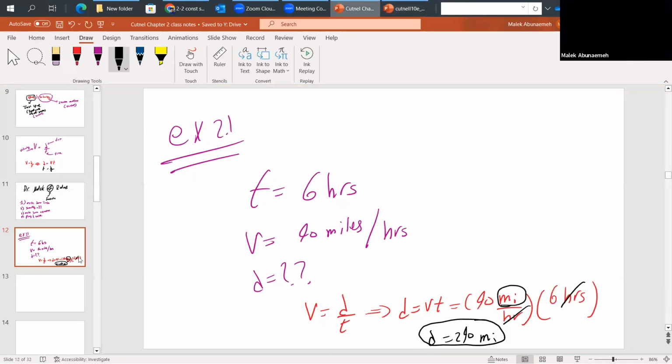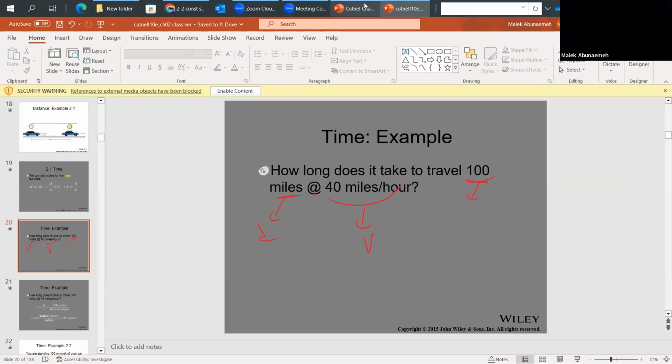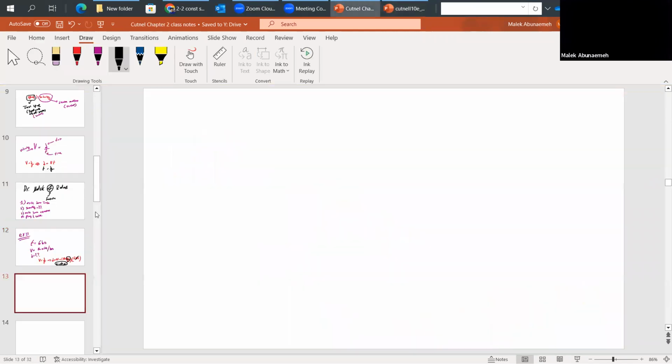So going back over here, and there's going to be example, time example. And this is going to be example time. Now, for rule number 1, our information, you got 100 miles, so your distance is 100 miles.